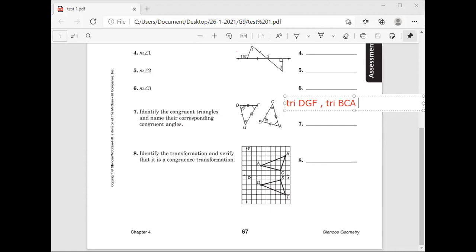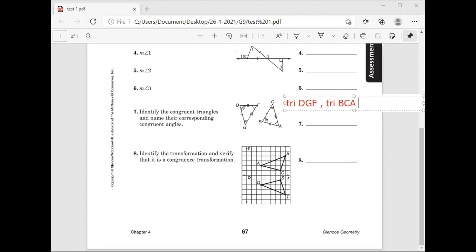Then triangle DGF equals triangle BCA. So these are the two triangles which are congruent. Could you please tell me the corresponding congruent angles? In this one, we identify the congruent triangles and name their corresponding congruent angles.